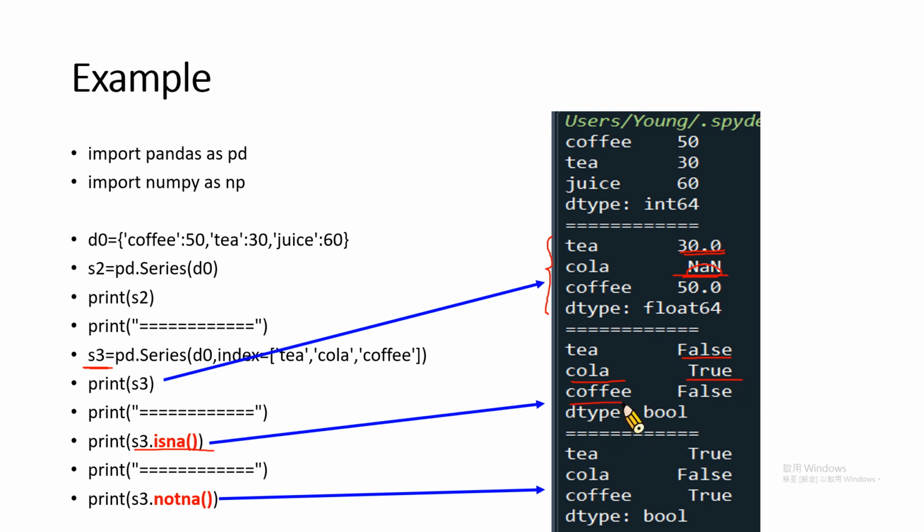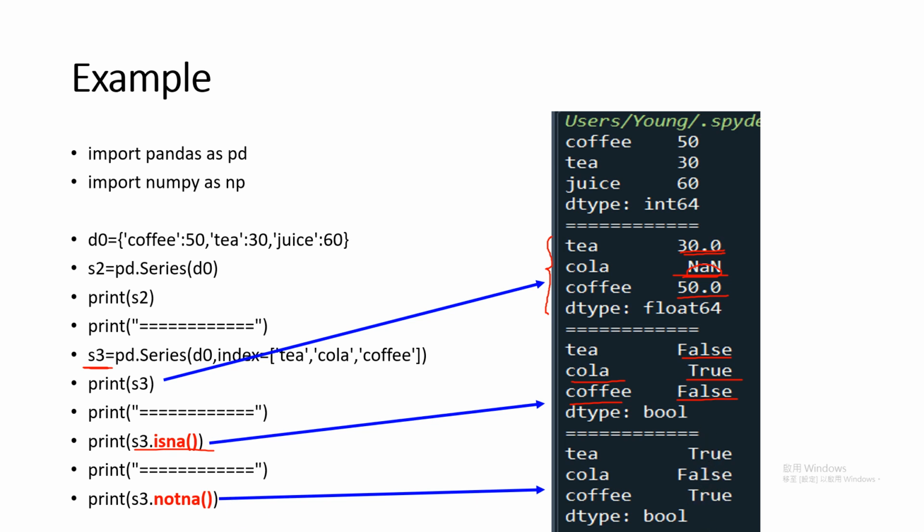And for coffee, because its value is 50, the test will be false. So this is the result. It returns a Boolean series indicating if the value of the series is NA or NaN. And notna is just the reverse of isna. It tests if the value is not NA or NaN.